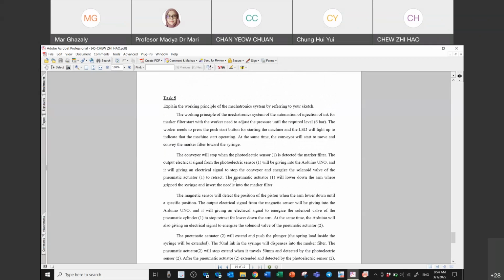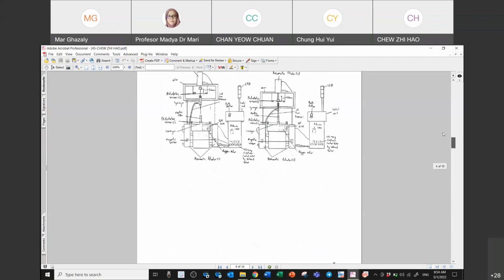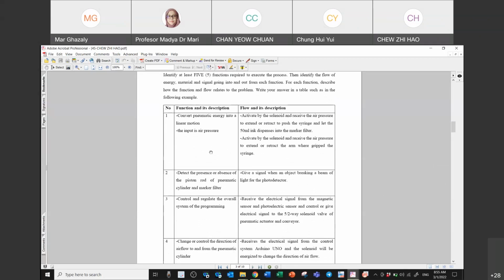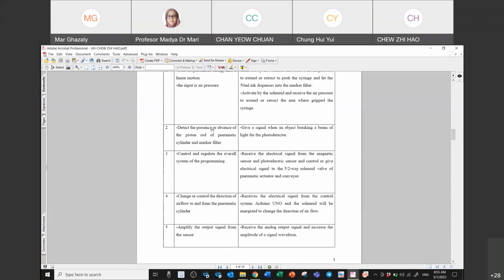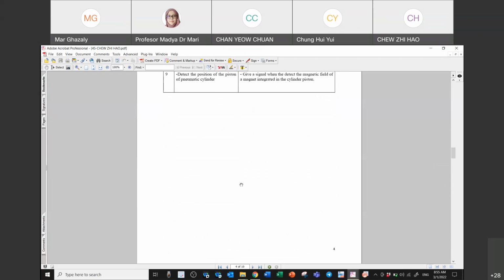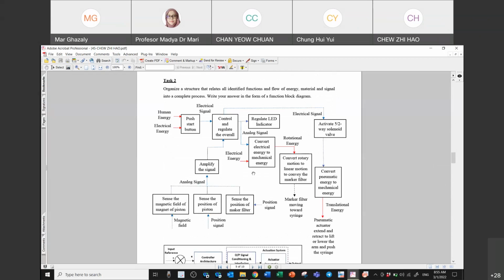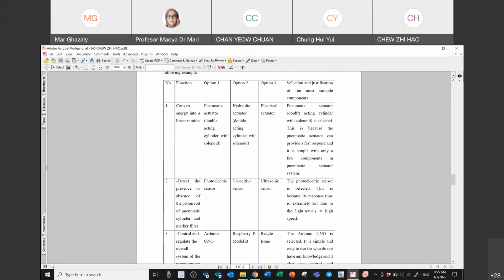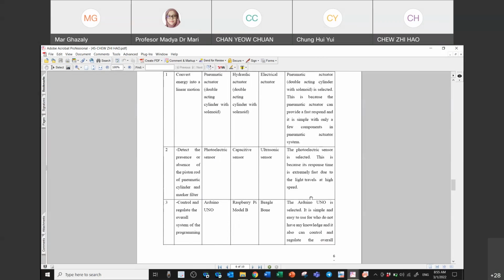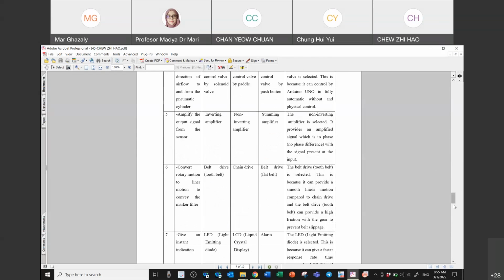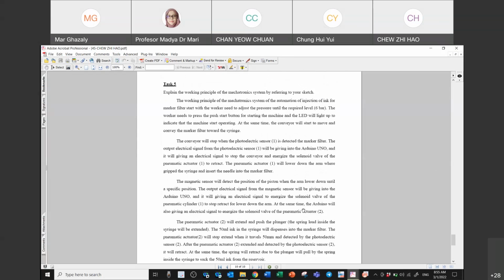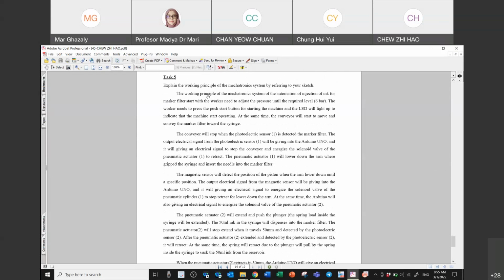Basically, working principle will be referring to task 1, because you're explaining everything here, and it's also going to explain related to task 2 and task 3, the selection that you use. So based on all the tasks, and task 4 also the diagram, I'm going to look at your working principle. Does it make sense?